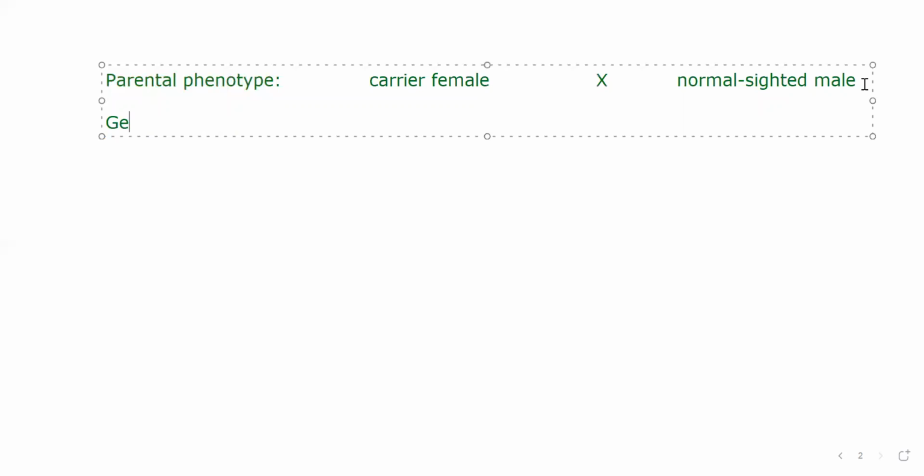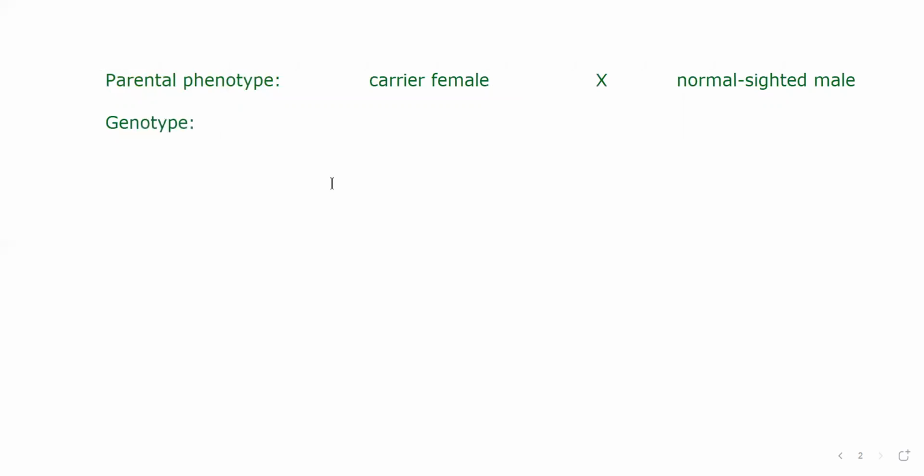Now, what is the genotype? I have X capital R, X small r, since she is a carrier. And this is normal sighted, so no small r present, because small r is the allele for color blindness.